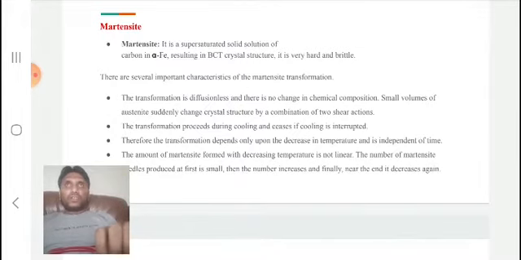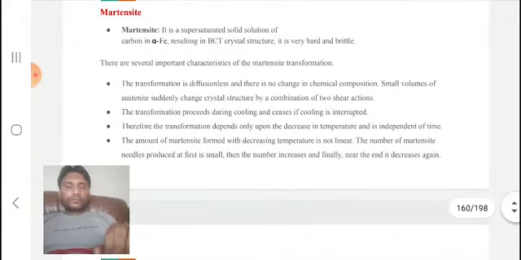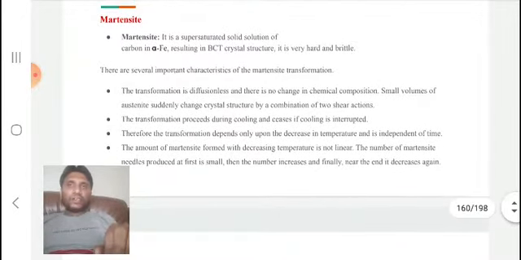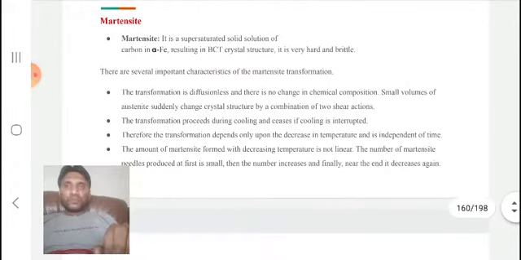So whatever austenite remains as it is without transforming into martensite, because of the high thickness of the section, is called retained austenite. Retained austenite is a big problem in the martensitic transformation, so we have to always take care of it.